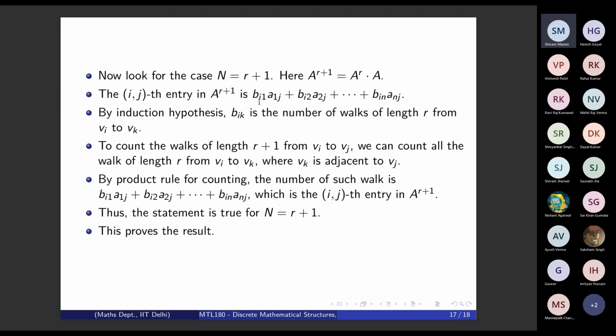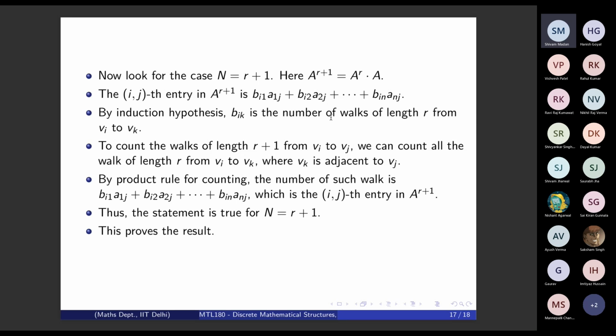Now what is bi1? Bi1 means the number of walks, not path, sorry, the number of walks between Vi and V1. And A1j means the edges, that it is either 1 or 0, corresponding to whether V1 and Vj have an edge or not.